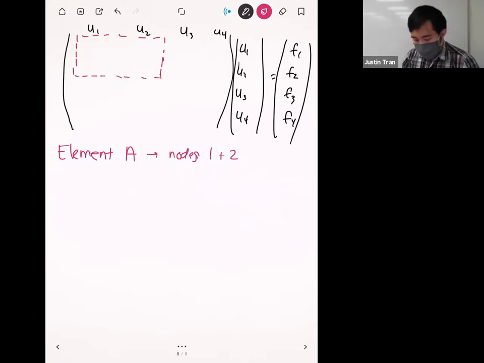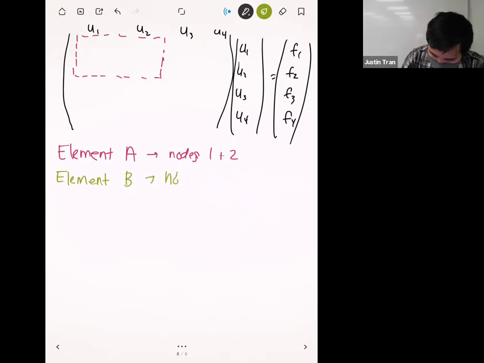And so that's going to be the region for element A. Element B is acting on nodes 2 and 3, and so we're going to go ahead and box that region in both the 2 and 3 columns and the 2 and 3 rows. And so that's going to be this region right here.